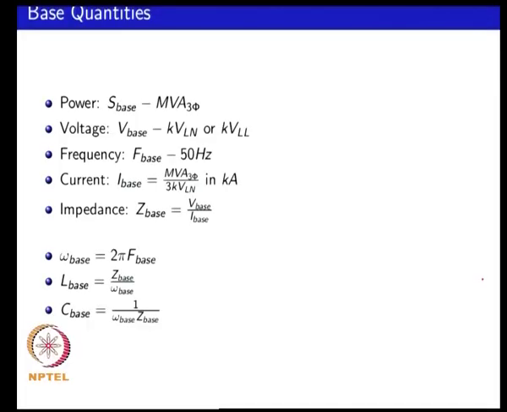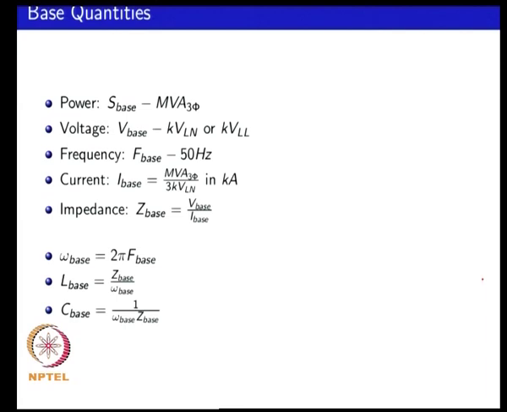So if you then look at what the base quantities need to be, the common base quantities are the power, it can be the apparent power, the S base. If you are looking at a distribution system, you might be talking about MVA on a 3-phase basis.